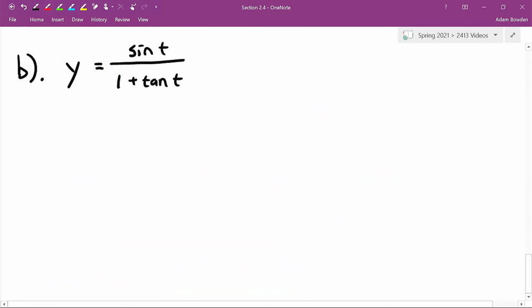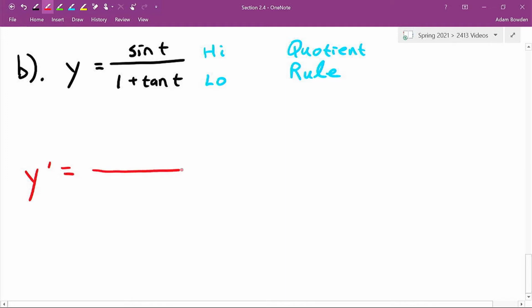On this one, sine t over 1 plus tangent t. This is now the quotient of two expressions, and so we have a quotient rule that we have to use here. So we're going to be the high over the low. And so when I write down y prime, we'll go low, 1 plus tan t, d high.